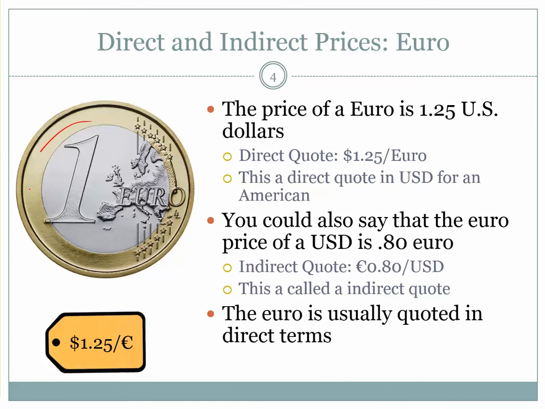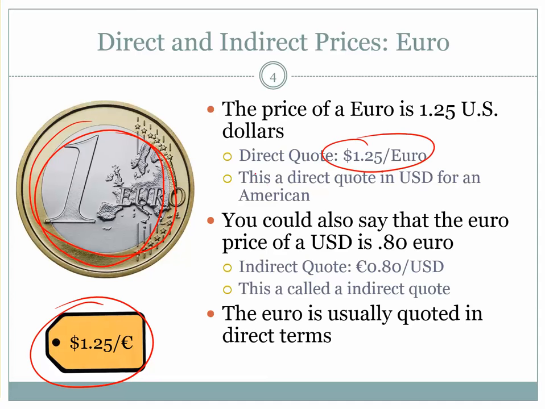Here's another commodity called a euro. Say a euro is currently selling for $1.25. So the dollar price of 1 euro is 1.25. That is a direct quote for an American for this commodity called a euro.